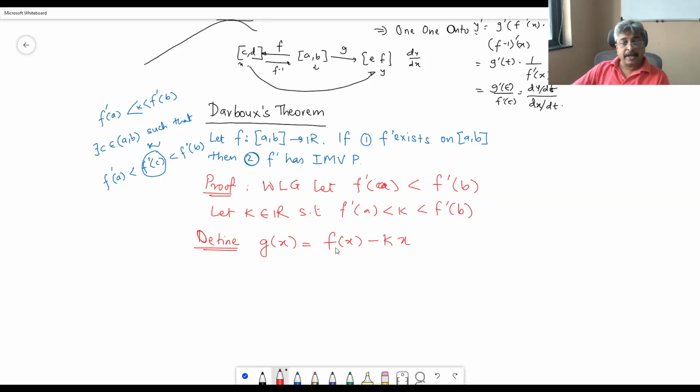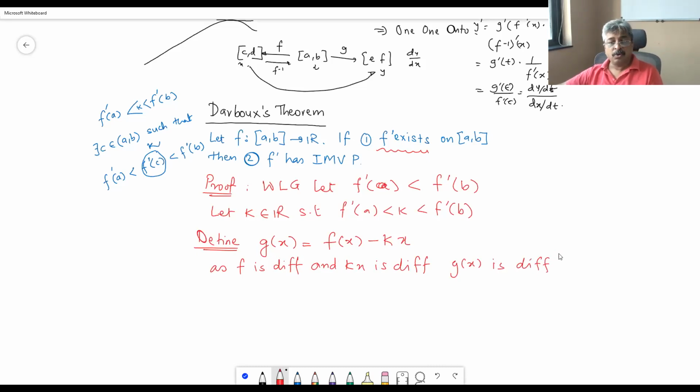Okay, given f is differentiable, f dash exists, kx is differentiable. As f is differentiable and kx is differentiable, g of x is differentiable over a comma b.